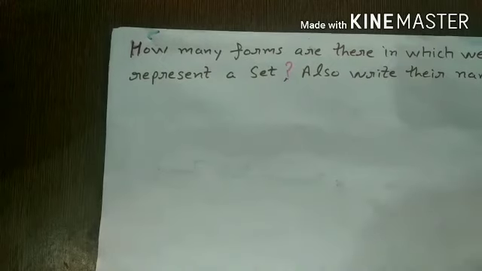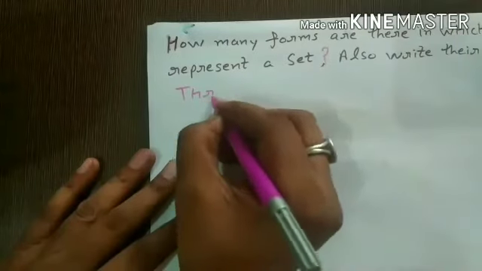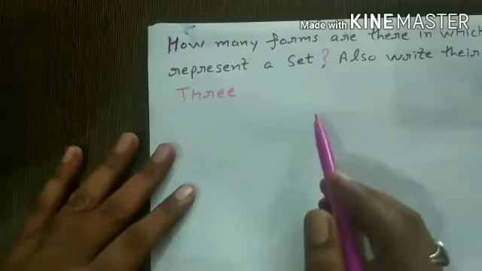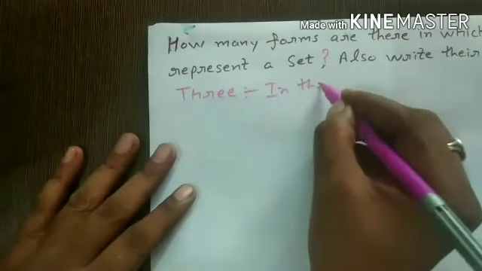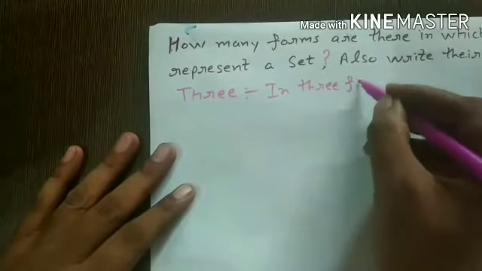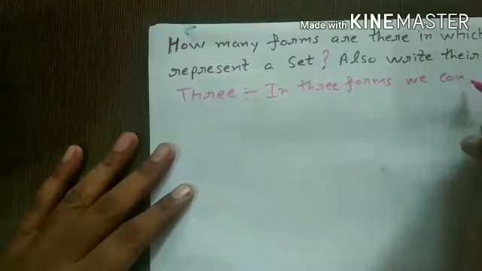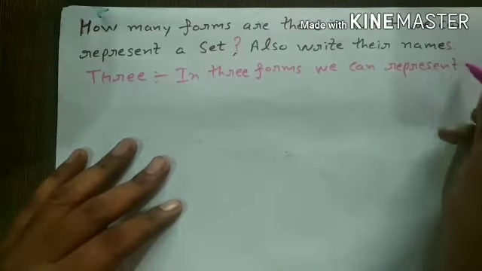Okay, so the first answer is 3. In 3 forms we can represent a set. So I will write: in 3 forms we can represent a set.